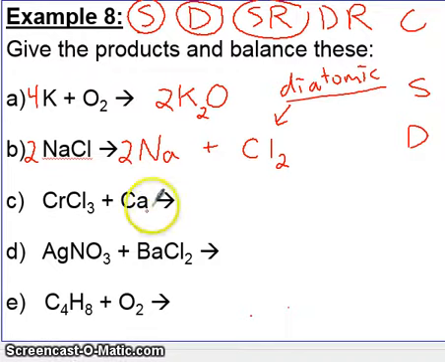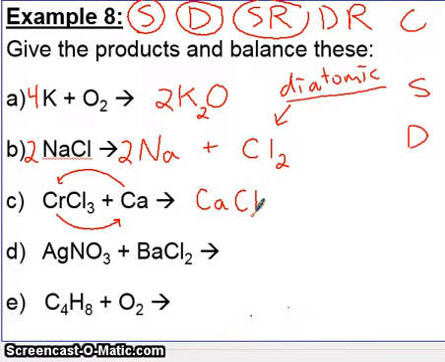So calcium will come in, and calcium will replace the chromium. So if calcium replaces the chromium, chromium will become single. That's what we call single replacement. So we have a compound of calcium and chlorine. And then we have chromium by itself. So we'll put plus chromium.